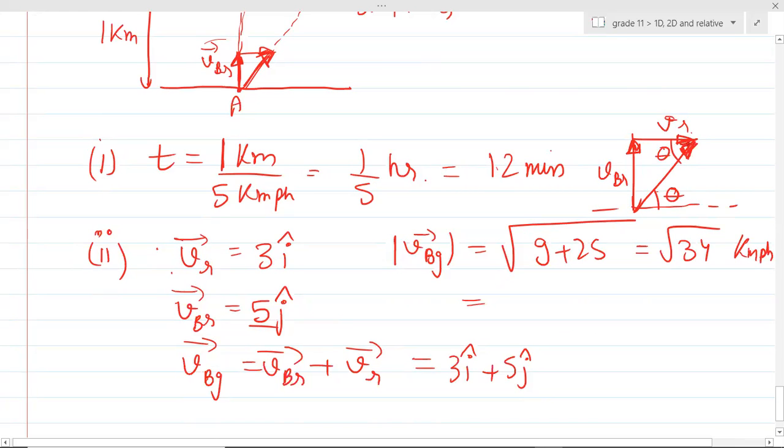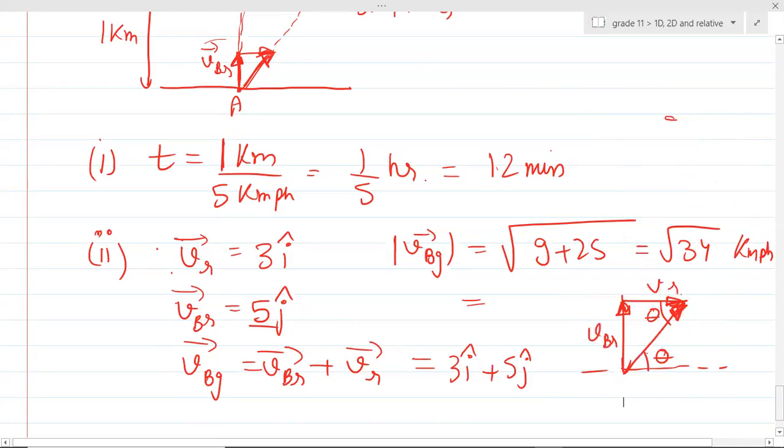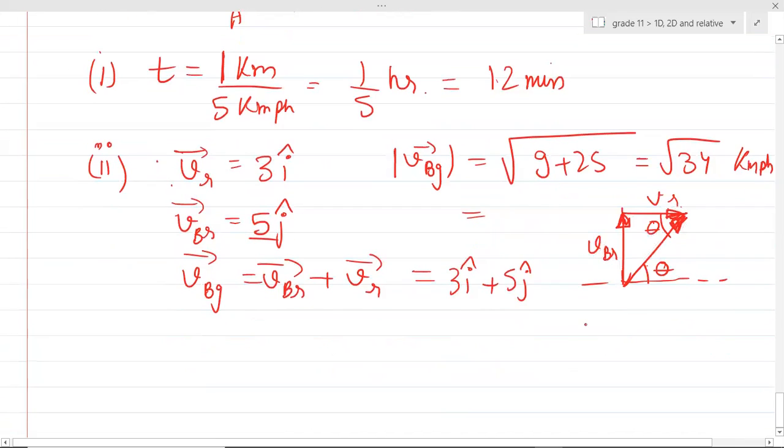So can you tell me what will be sine theta in this case? Sorry, tan theta. So tan theta will be equal to VBR, the perpendicular, upon VR. Please remember this theta is with respect to river flow.